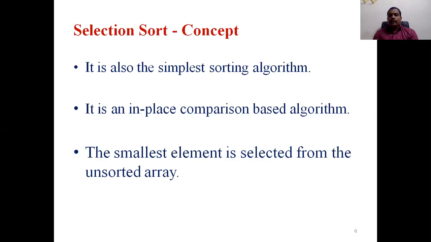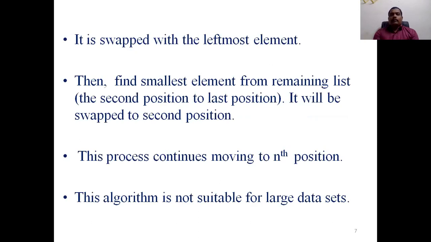The smallest element is selected from the unsorted array. If we take an array as a list of values, it will find the smallest element in the list. Then it is swapped with the leftmost element. In bubble sort, the highest element went to the last position, but here the smallest element comes to the first position.